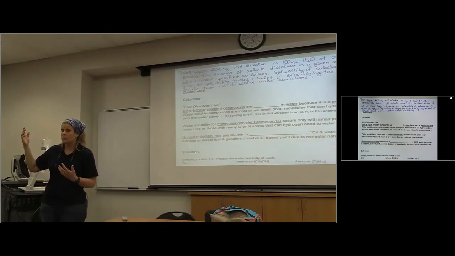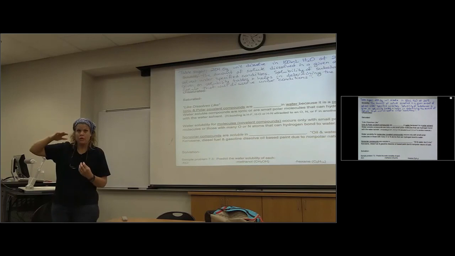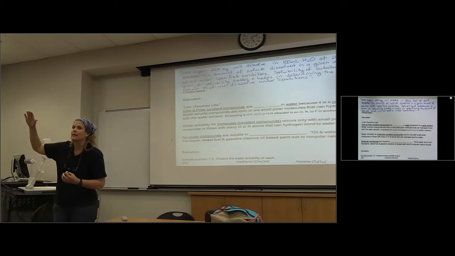The point is, is sugar soluble? Pretty soluble? It's very soluble, isn't it? In other words, basically what that's saying is 204 grams of sugar will dissolve in 100 milliliters of water at 20 degrees Celsius. Now, what do you all know happens when you heat the water up with sugar?